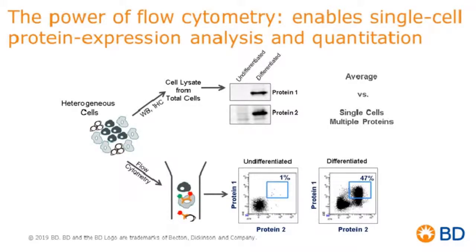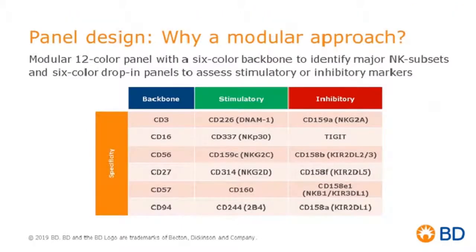That's the approach that we took in the study that we are discussing today. As mentioned in the agenda, we'll start by describing a modular approach where we are designing 12 color panels. They are modular in their nature, and by that we mean that we use a backbone with 6 markers.